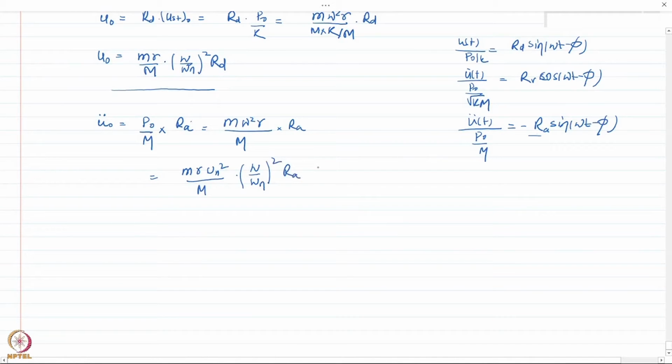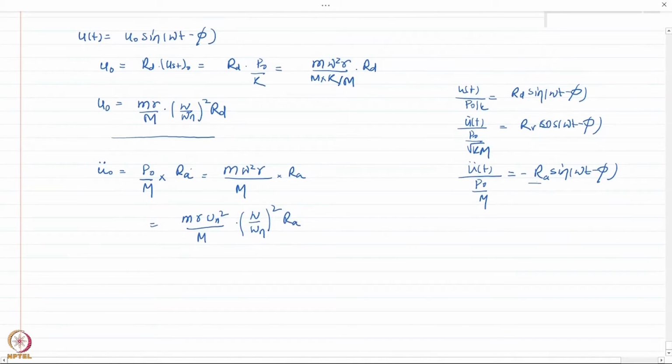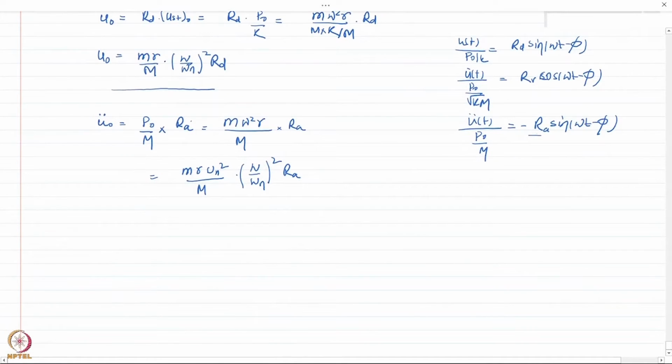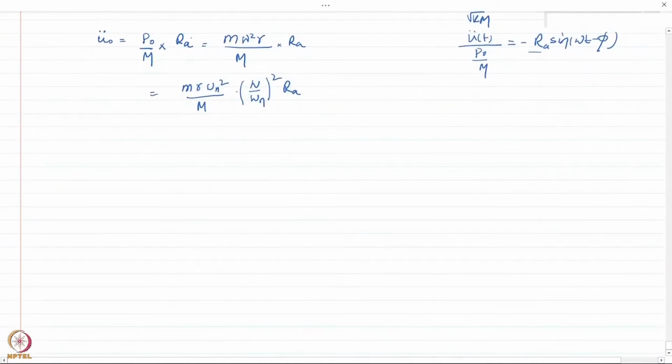Okay, so the variation of u naught and the acceleration, u naught double dot, if you try to plot it, would become a divergent function.